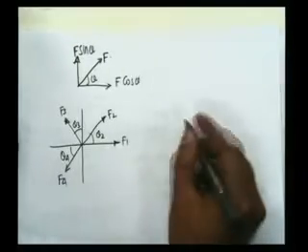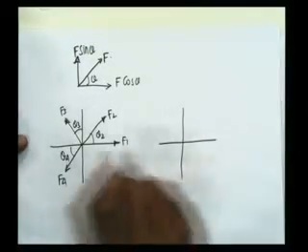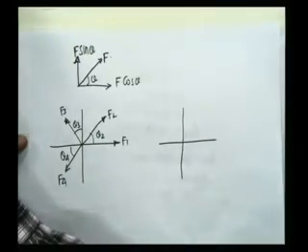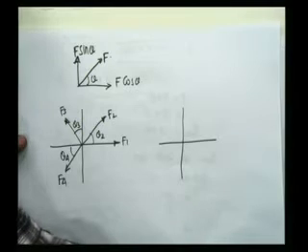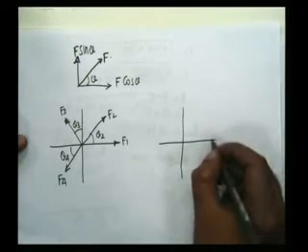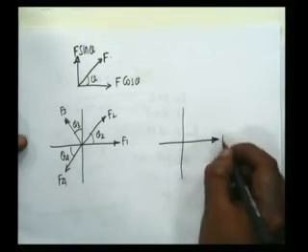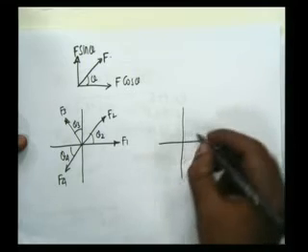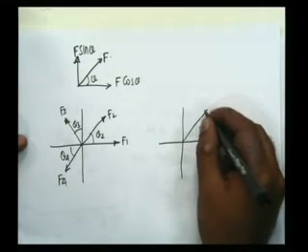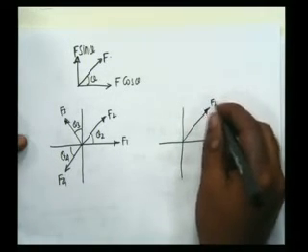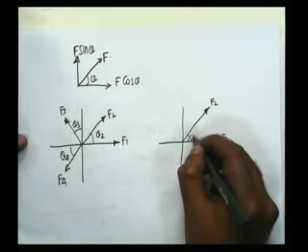Now as the force F1 is acting in horizontal direction, it won't have any component in y direction. So the x component of the force would be F1. Similarly, the other force F2 is making an angle theta 2 with horizontal.